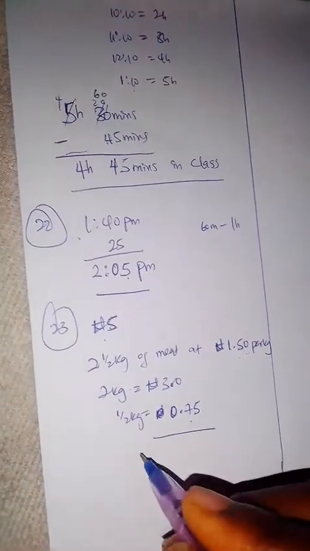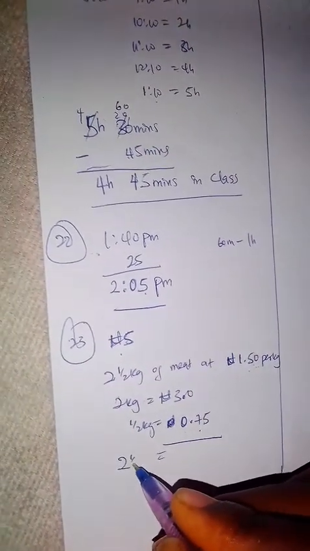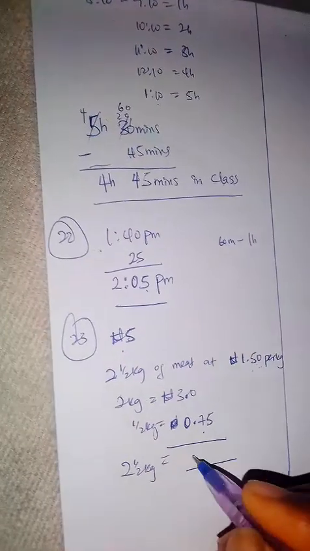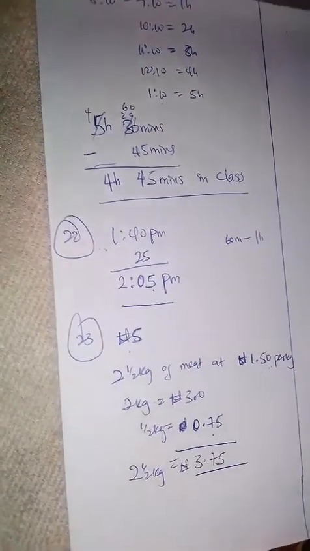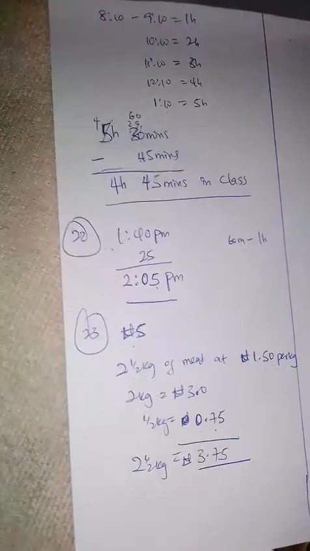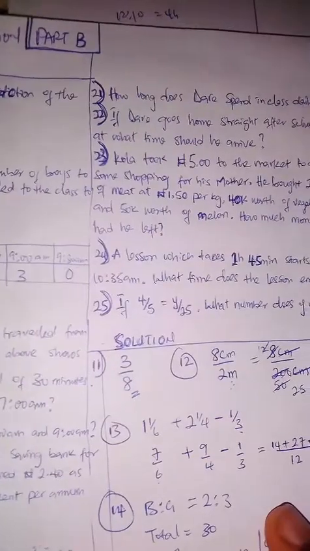So on adding, the total: 2.5 kg will now cost 3.75 naira. Okay, so that is the cost of 2.5 kg of meat. But that's not the question.